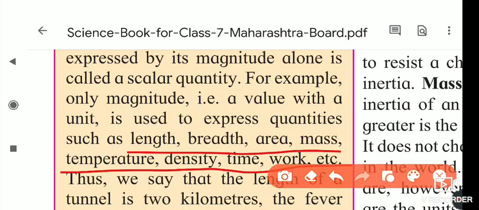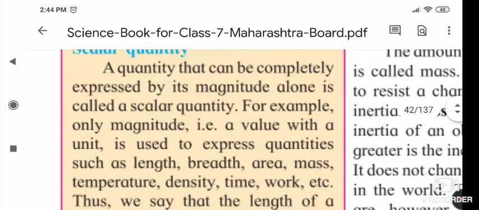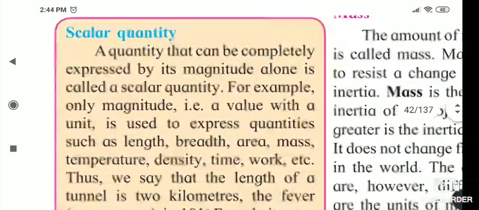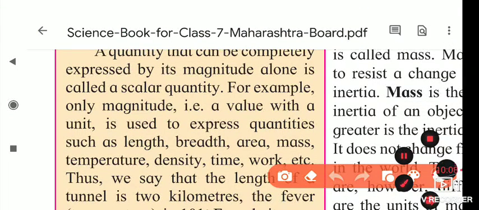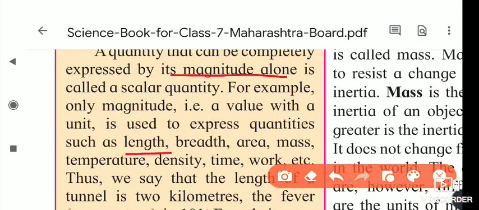In these quantities, direction is not important. If you see here, the definition is that the quantity is completely expressed by magnitude alone. For example, length of a garden, breadth of a garden, area of a school, area of a bus stand, mass, temperature, density, time, work.